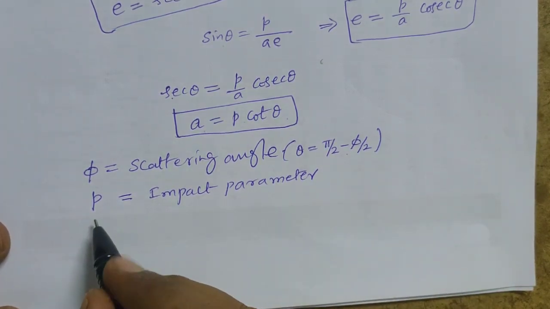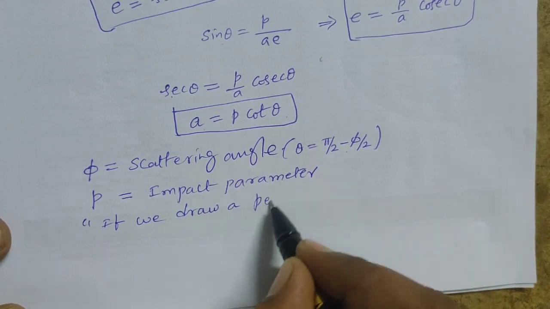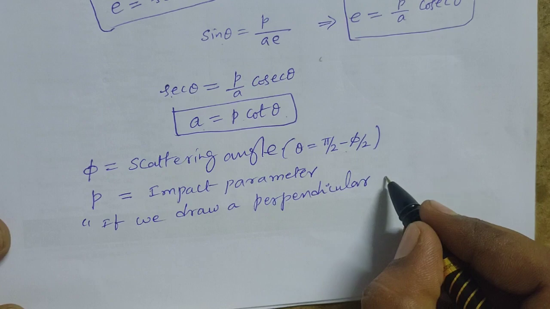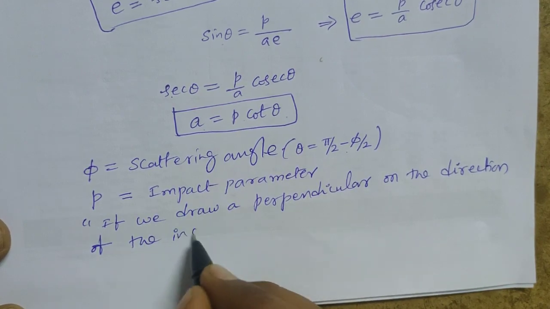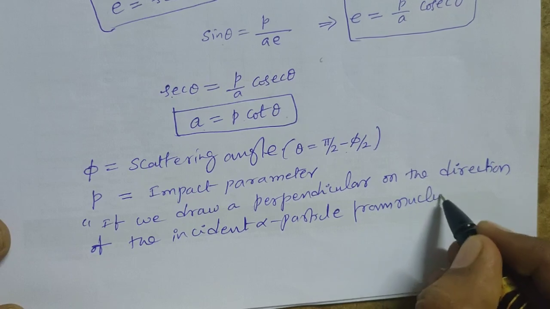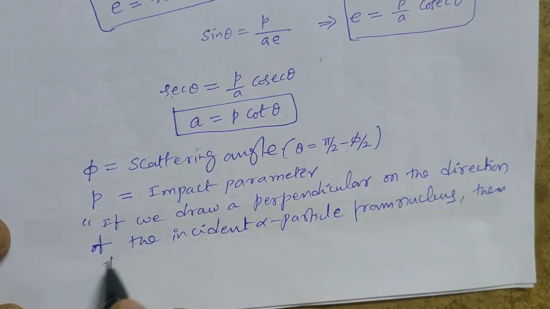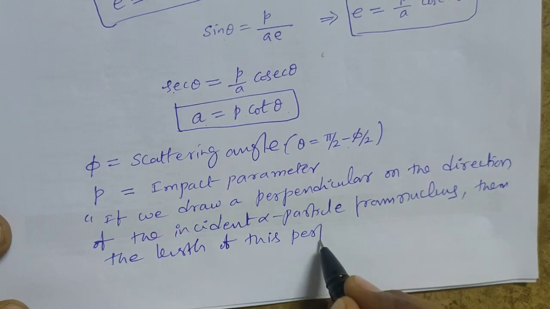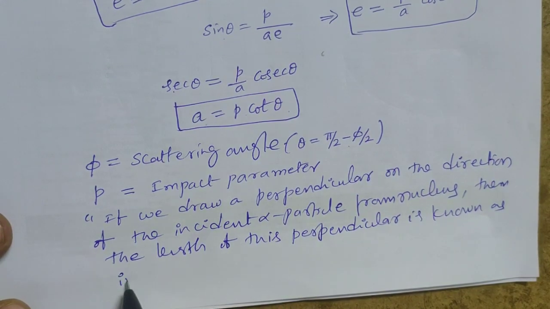So we can define it like this: if we draw a perpendicular from the nucleus on the direction of the incident alpha particle, then the length of that perpendicular is known as the impact parameter.